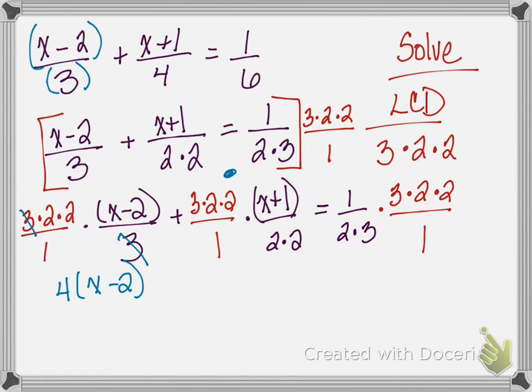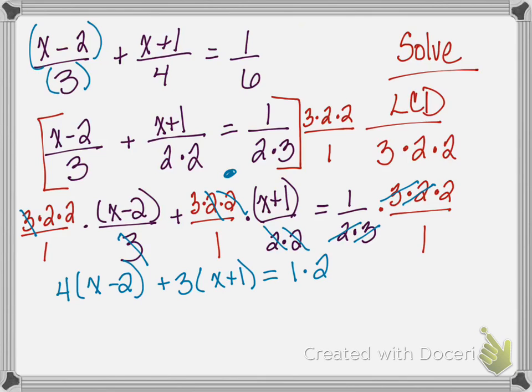Okay. This is where I'm at now. So I have 2 2's on the top and I have 2 2's on the bottom. Okay. So now I've got 3 times x plus 1. Then I've got 3 times 2 on the top, 2 times 3 on the bottom, so I'm left with 1 times 2.